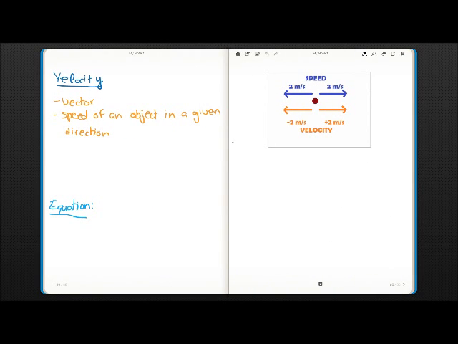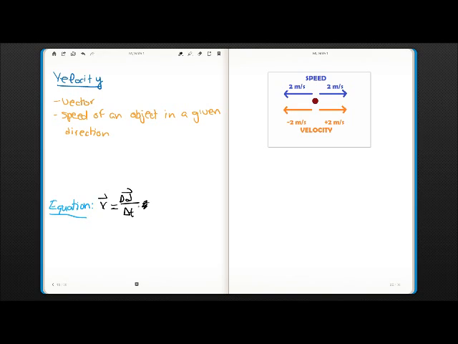So next is velocity. Velocity is a vector, and it's the speed of an object in a given direction. So the equation is v, again but this time with the vector symbol, equals displacement, delta d, the change in displacement, over the change in time.